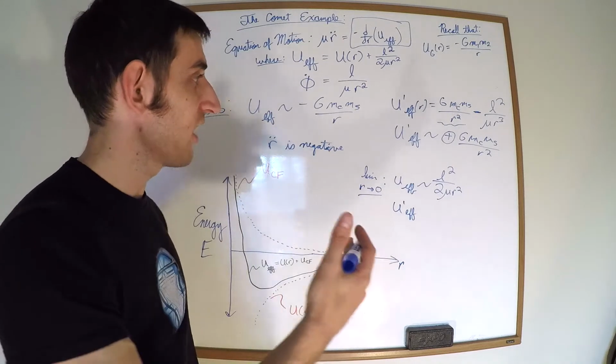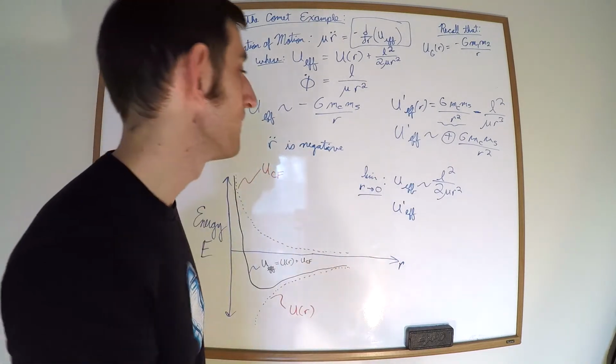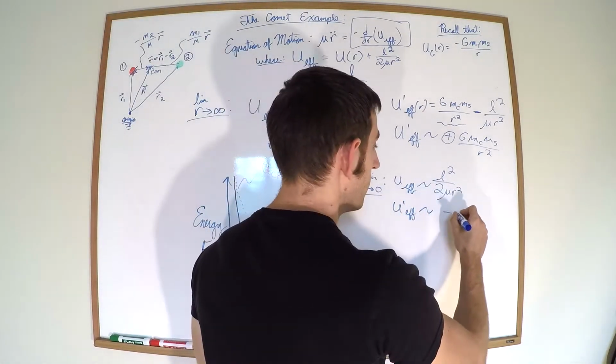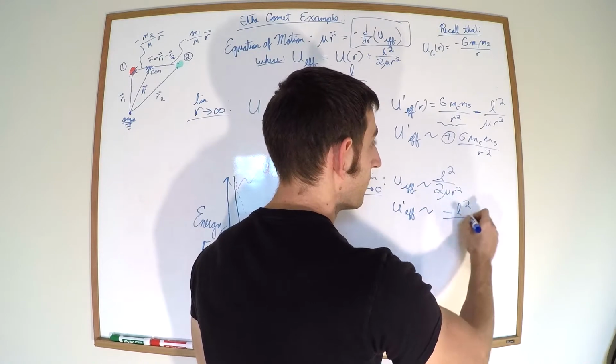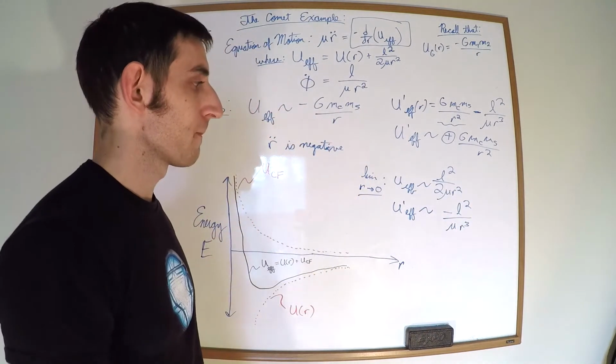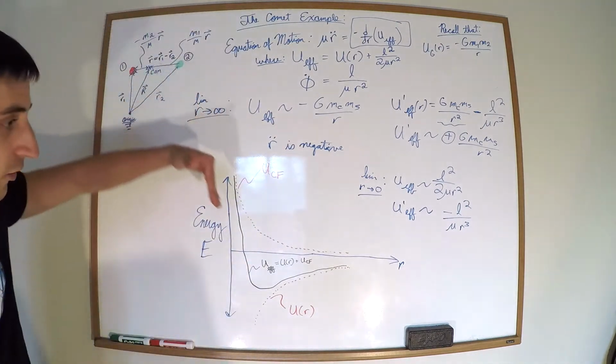That's just how it's going to work, an exemplification of the math. So this guy is going to be approximately equal to negative L squared over mu r cubed. So it's going to be negative. That's why it's sloping down.